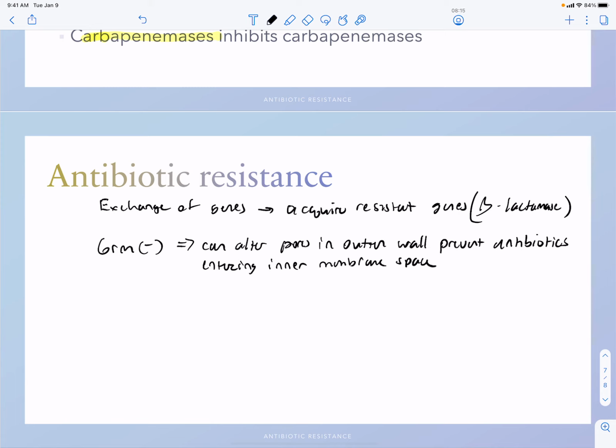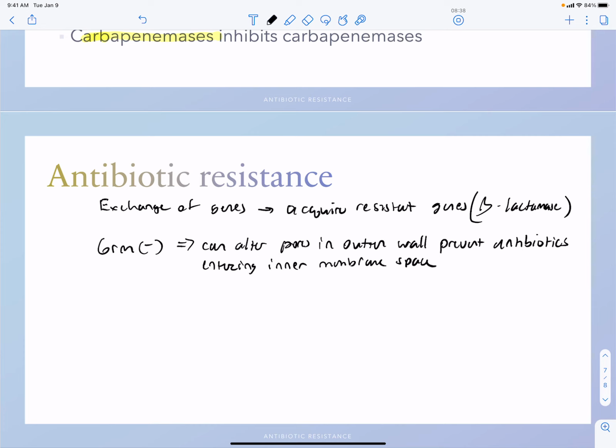So if you'll remember the structure of a gram-negative bacteria, the peptidoglycan layer is in between the two membranes. And so in order for our beta-lactam or our peptidoglycan targeting antibiotics to get access to the peptidoglycan, it has to be able to traverse that outer cell wall.